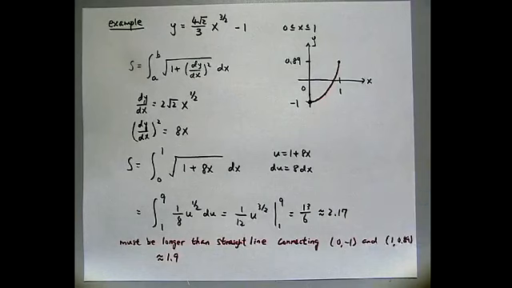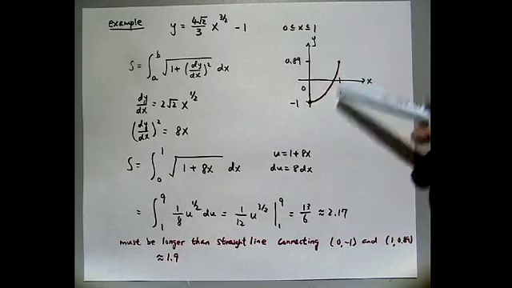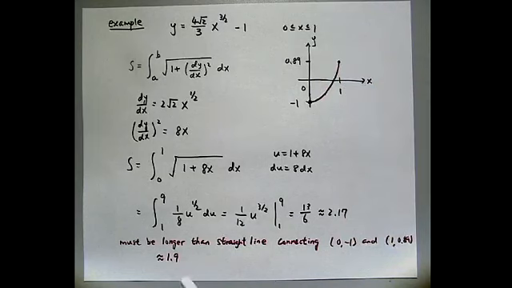Whenever you do this kind of problem, you get an answer out here. Compare that to the straight line segment connecting the beginning and the end. Whatever you get must be no smaller than that, right? The minimum this arc length can be is the straight line. If you get a number smaller than that, then you screwed up somewhere. Go back and check.